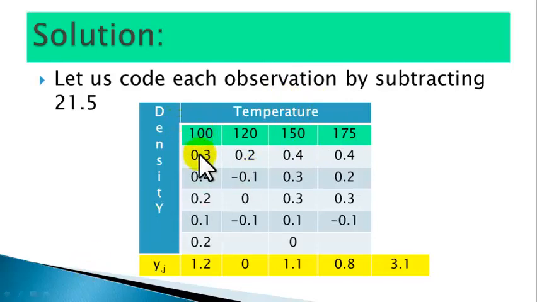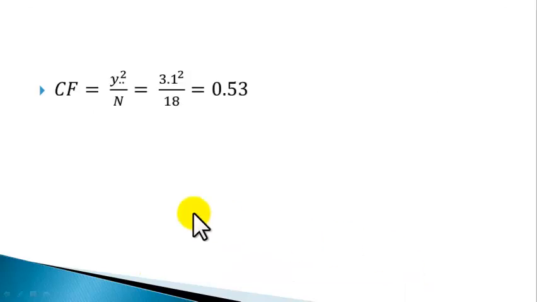So the total under treatment 1 will now be 1.2, under treatment 2 is 0, under treatment 3 is 1.1, and the total under treatment 4 is 0.8, and the grand total is 3.1. First, we compute the correction factor CF, which is equal to y dot dot squared all over n. Y dot dot is 3.1, then you square that divided by n, which is 18. That will give us 0.53.